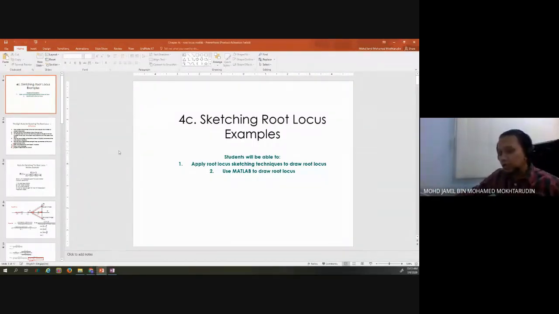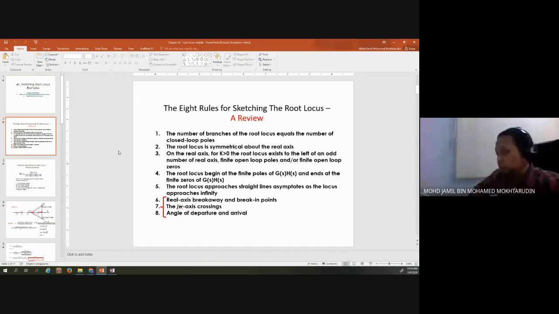Okay, so before we go into sketching the root locus, we need to look at the rules first. Okay, so in general there are 8 rules. So the first rule is you have to, of course, determine the poles and zeros of your transfer function. That's the first rule, but it's not included in here.